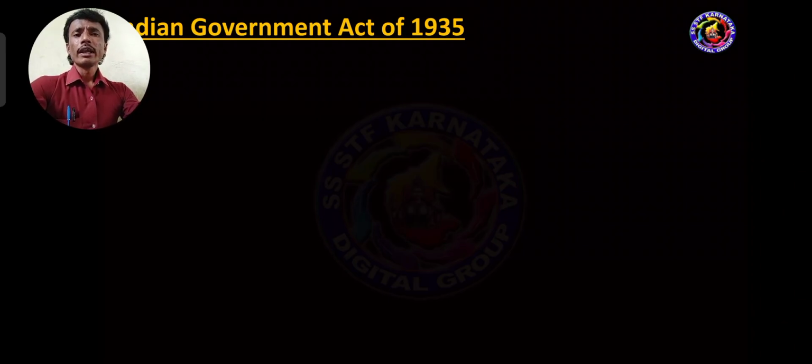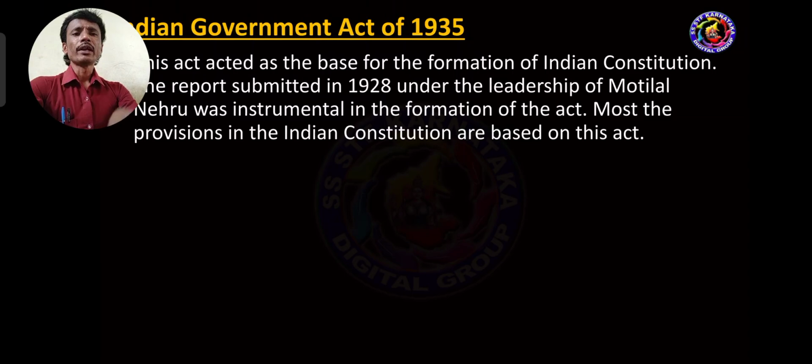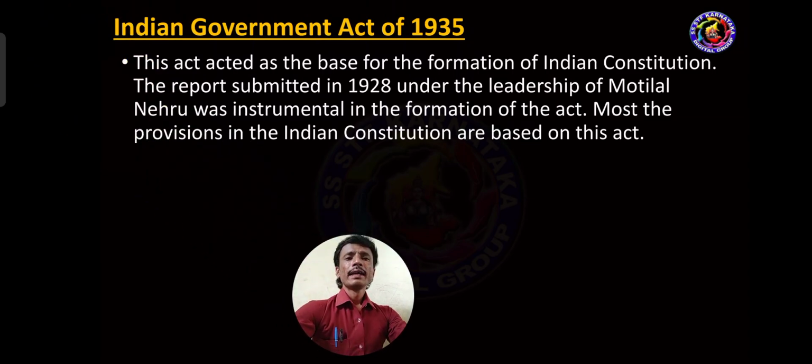The Indian Government Act of 1935 and the Regulating Act, these two are very, very important. First, this act acted as the base for the formation of the Indian Constitution.